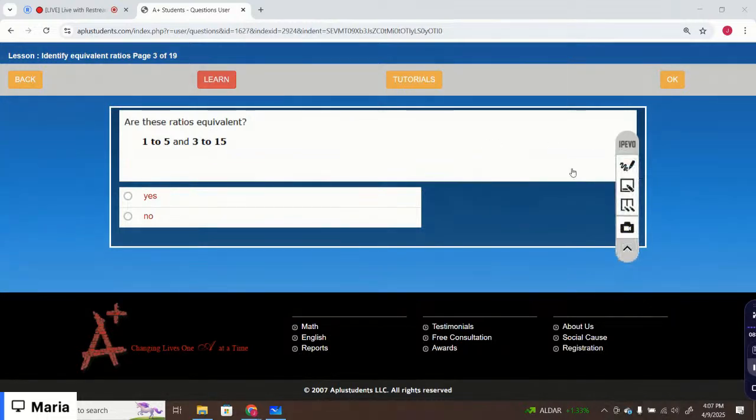Yes, the ratios are equivalent. Option number 1 is the correct option. Yes, they are equivalent.